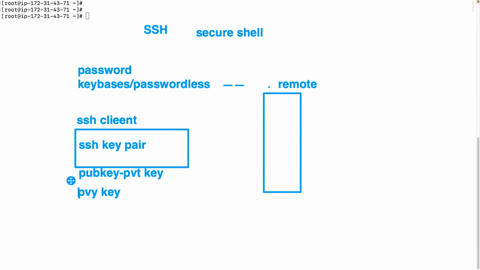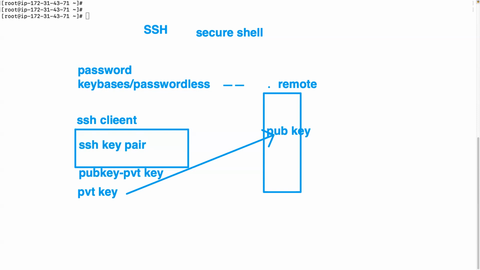The private key should be very secure. You will keep the private key with you and copy the public key to whichever machine you want to connect. So, as you are having the matching private key, you can connect from your laptop to this machine.